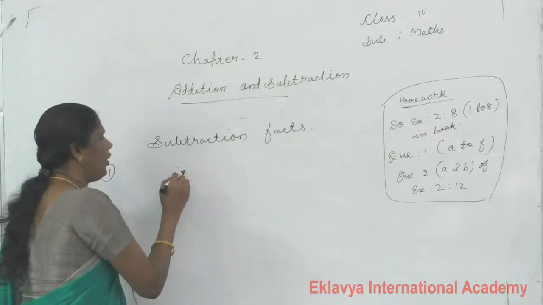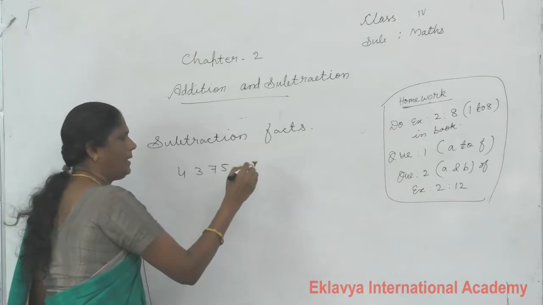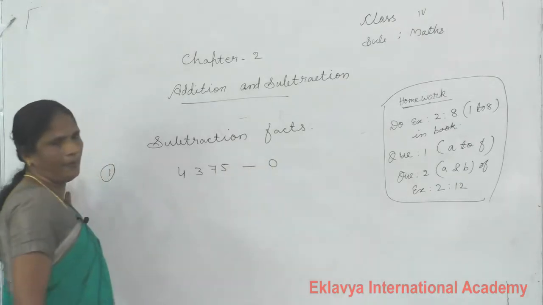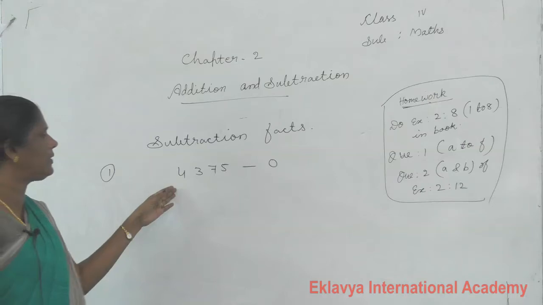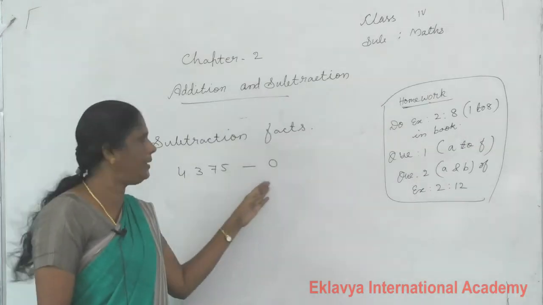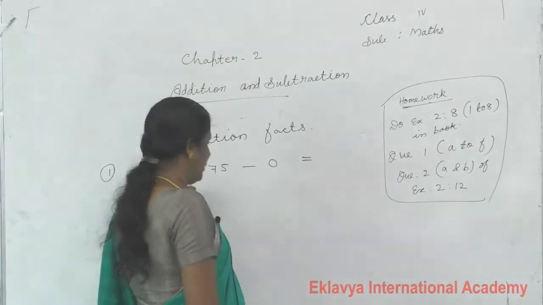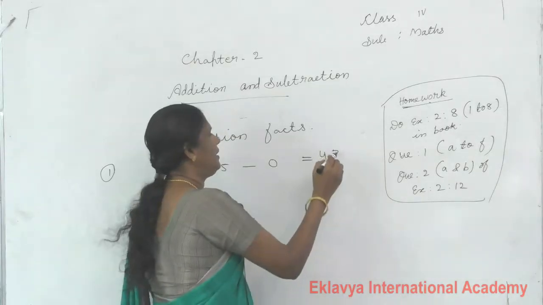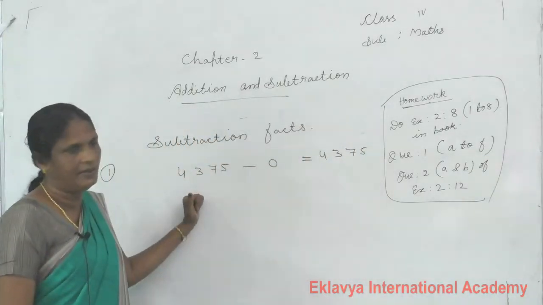Suppose 4,375 minus 0. What is your question? 4,375 minus 0, we get 4,375. Understand?